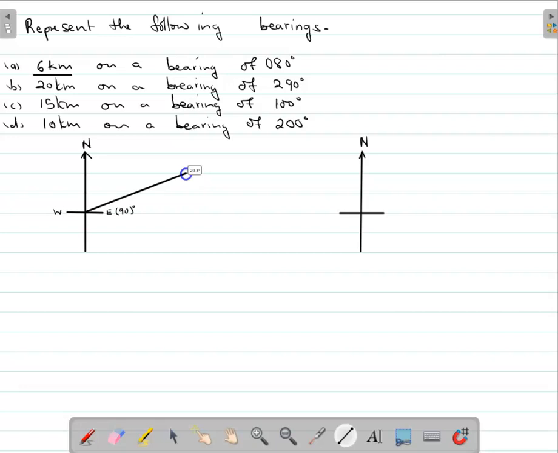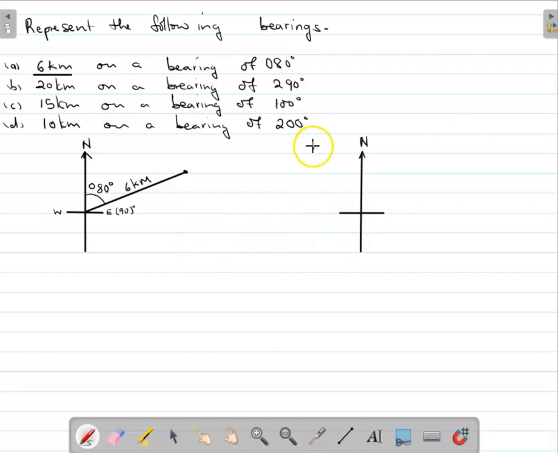In some cases you can be required to measure, of which you should do, but at this moment, no request for us to measure. Then the angle from the 0, this one, is the angle which is 080 degrees. And then that's your final position, and this distance is the one which is 6 kilometers. You understand?